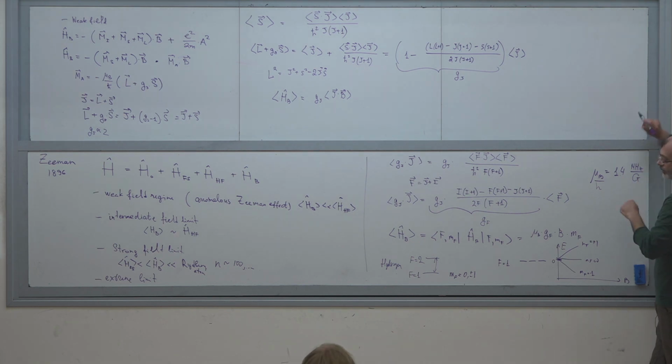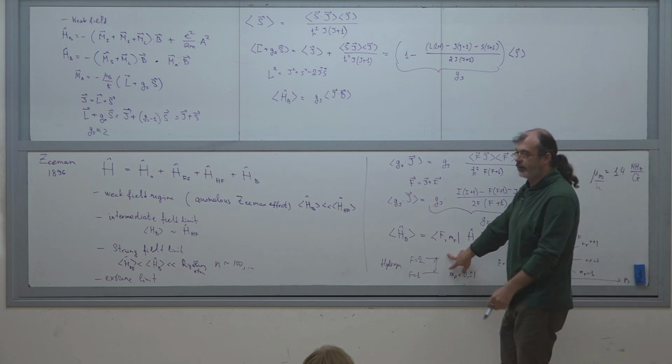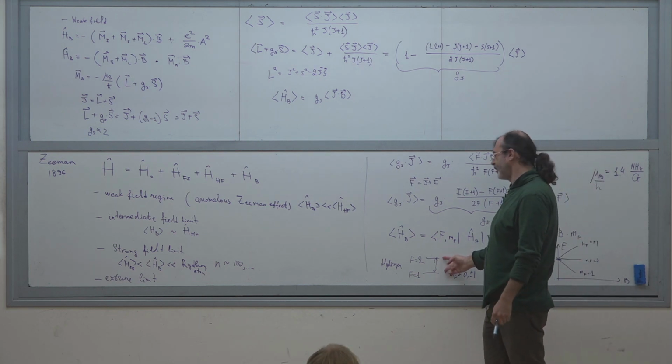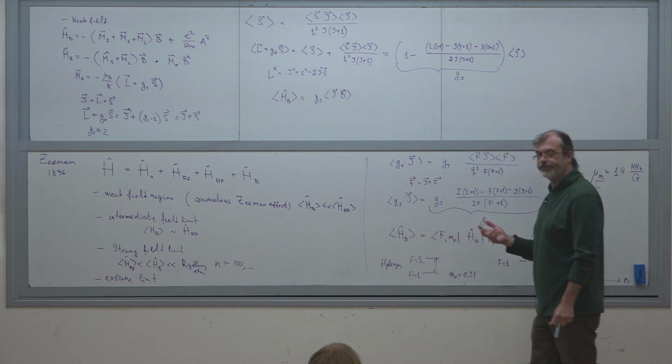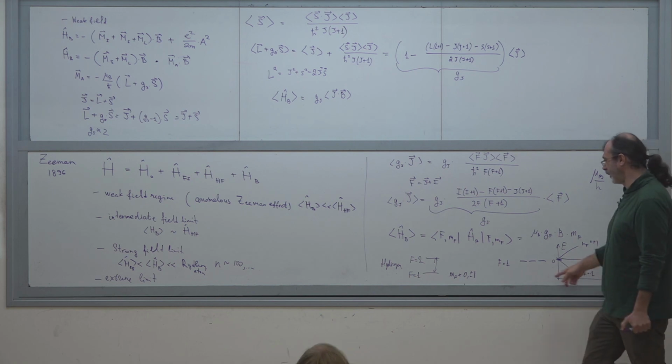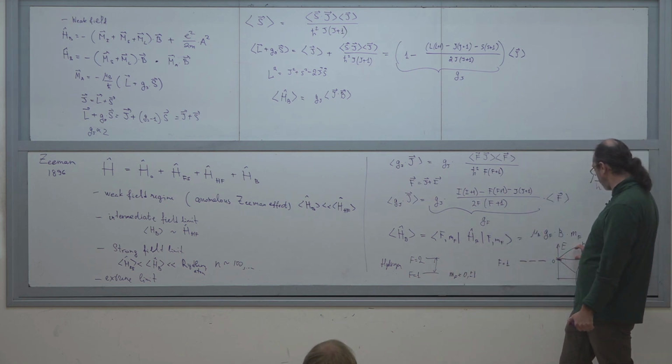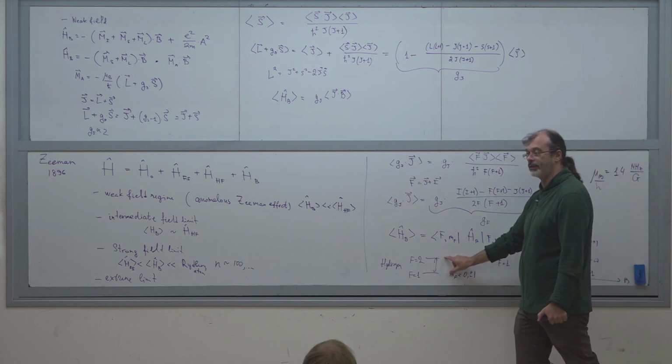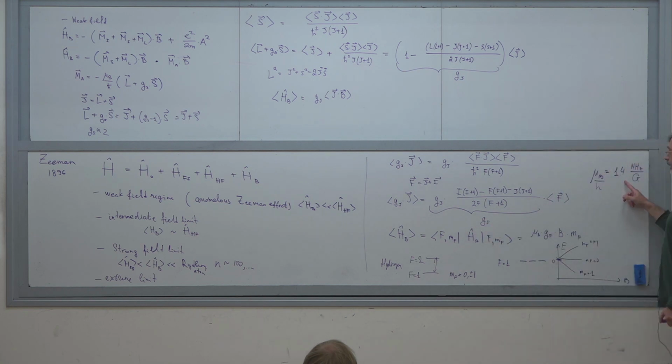So if we say that this distance is equal to 10 gigahertz, say, what is the magnetic field that I have to apply in order to get the splitting here of the order of this distance? You can see it immediately from this formula. It goes like 1.4 megahertz per Gauss.